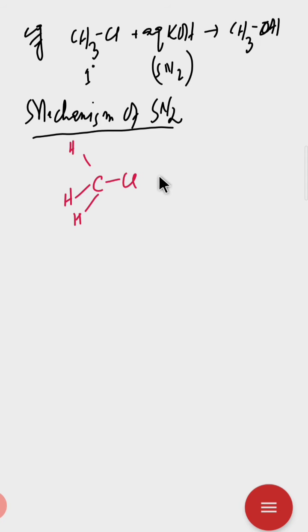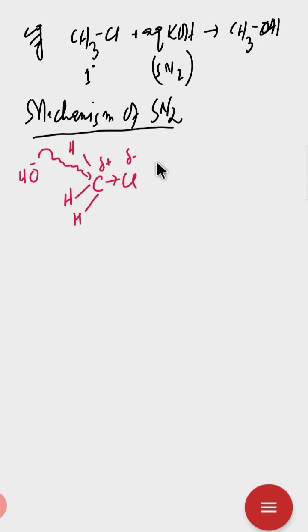So if the nucleophile attacks from the front side, this carbon will carry a partial positive charge, chlorine will carry a partial negative charge. So chlorine has excess of electron, and the nucleophile also has excess of electron, so front side attack is not permitted. So the only way the nucleophile OH minus ion will attack will be from the back side, right?